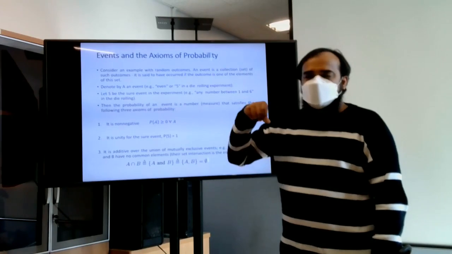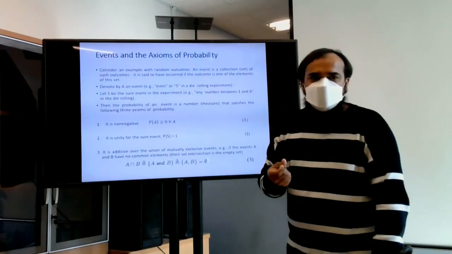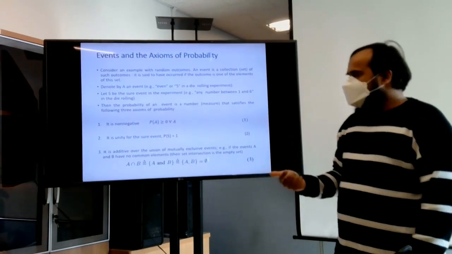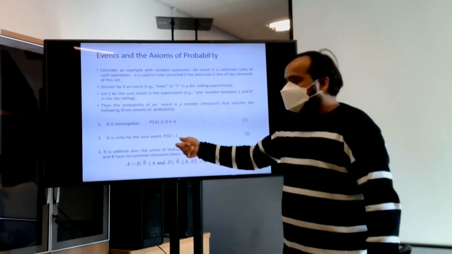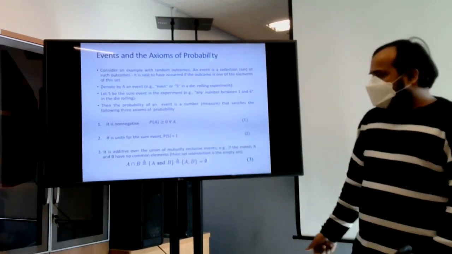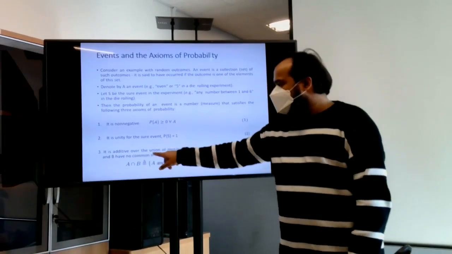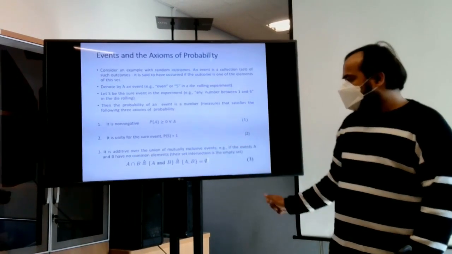It is not multiples of events, it is only unity. So unity means P of S equals 1. Third, it is additive over the union of mutually exclusive events.